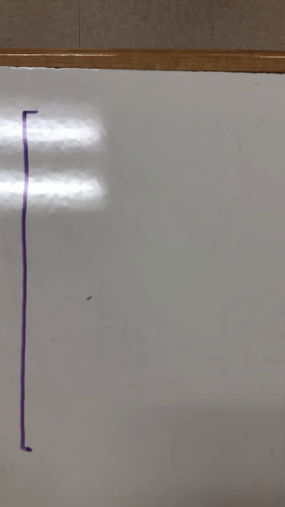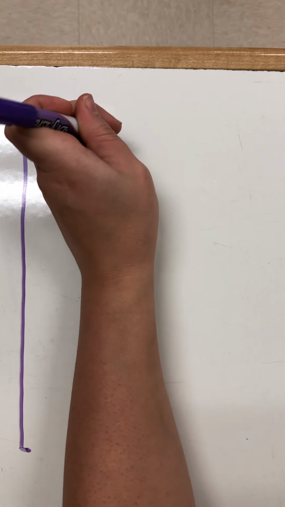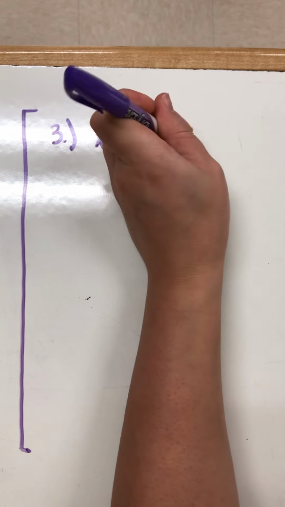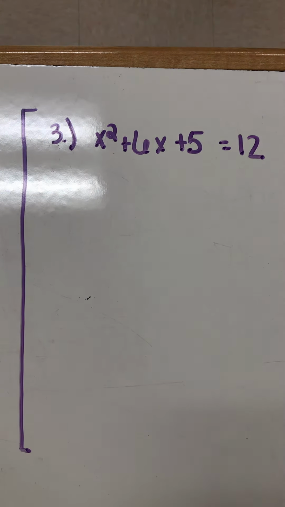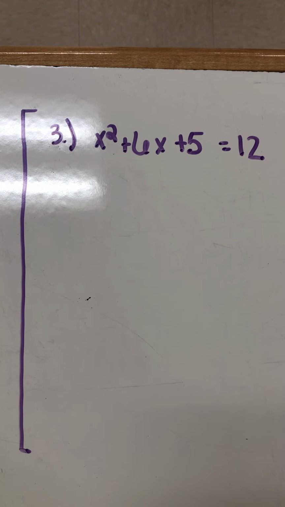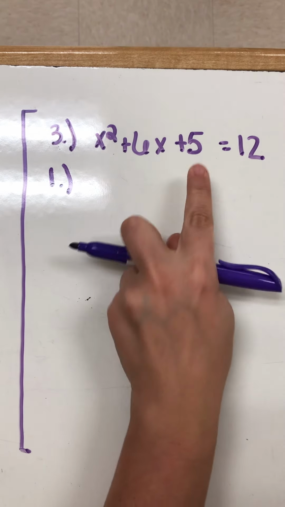Now, number 3, we're actually going to work through part of this process. I have x squared plus 6x plus 5 equals 12. The steps are on your paper; I wrote them down for you. Step 1 says move c.